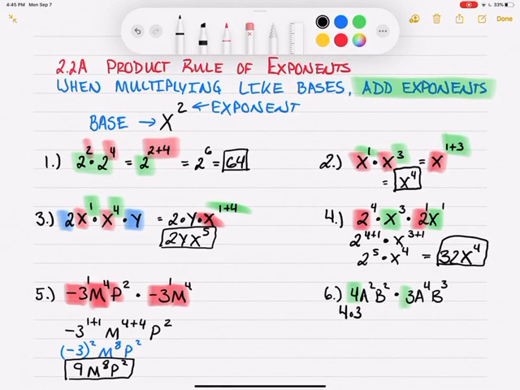Then I have a as a base here and here. So this becomes a to the 2 plus 4 power. Then I have b as a base, and b has an exponent of 2 and 3. So this becomes 12, that's 4 times 3, a to the 6th, b to the 5th.